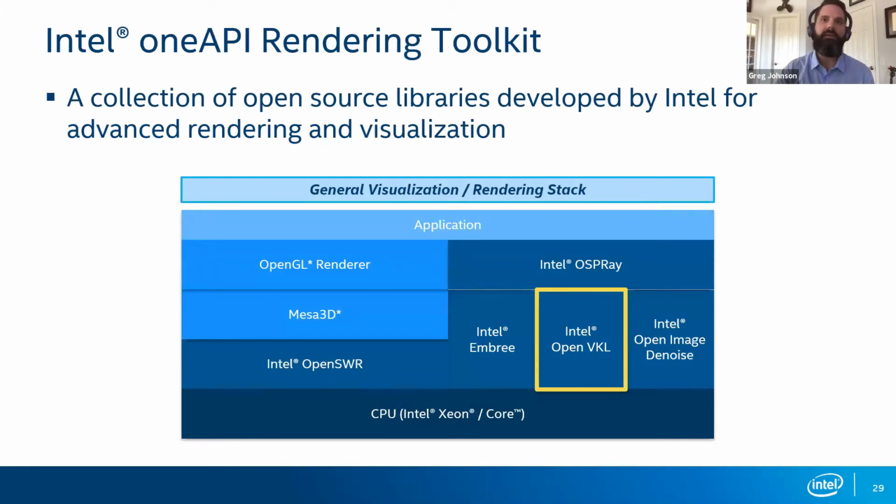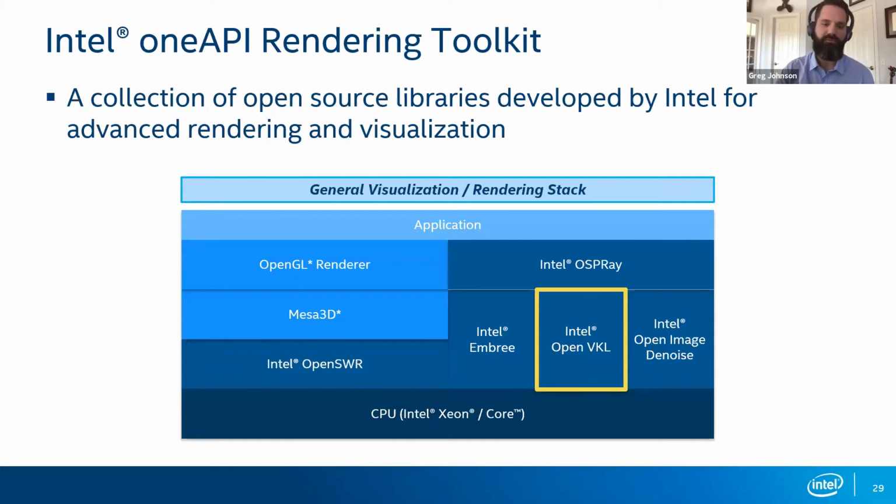So OpenVKL is part of Intel oneAPI Rendering Toolkit, which is an open source set of libraries for advanced rendering and visualization. In terms of a typical application software stack, OpenVKL sits at the same level as Embree as a low-level kernel library. Today, VKL is used extensively within OSPRay, which is our scalable ray tracing-based rendering engine.